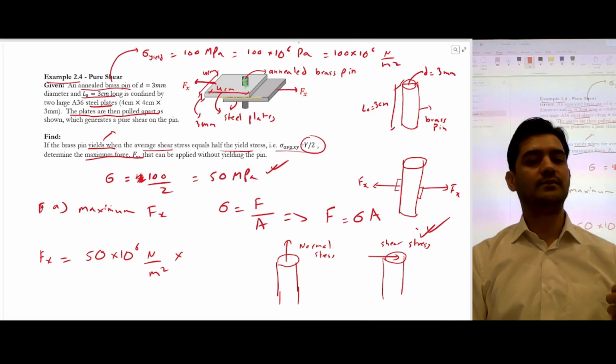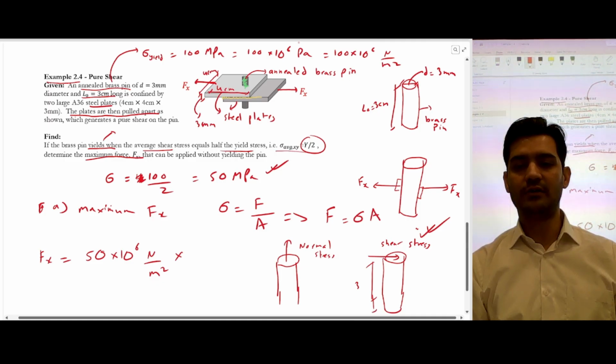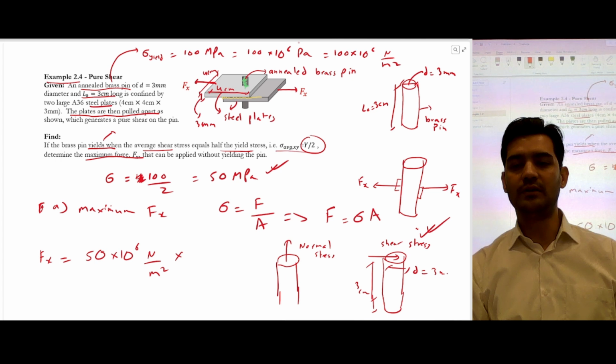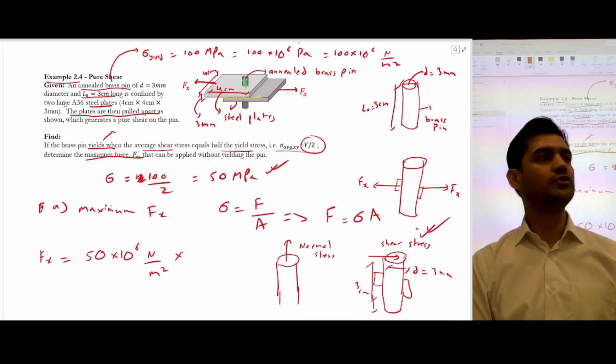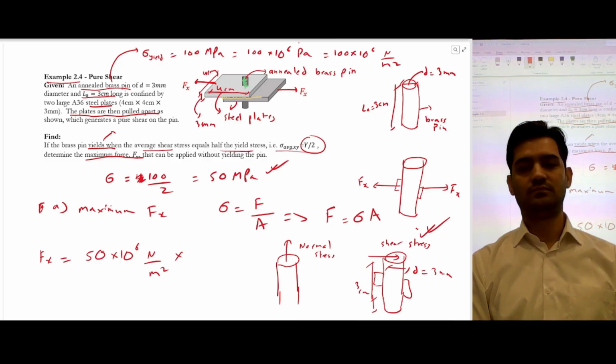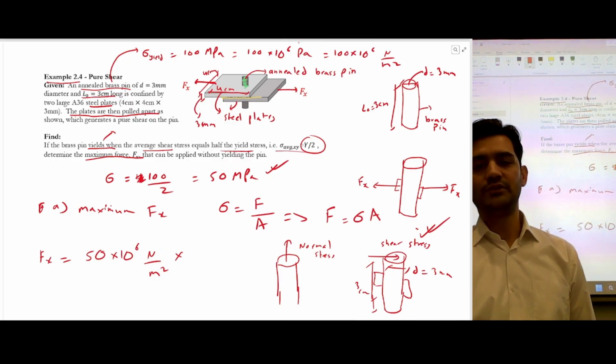Now the question is, what would be the area? We already have the length, which is 3 centimeter. We know the diameter, which is 3 millimeter. We also have the dimensions for the plates, 4 centimeter by 4 centimeter. So what should be the area? Stress is always force per unit area, right?